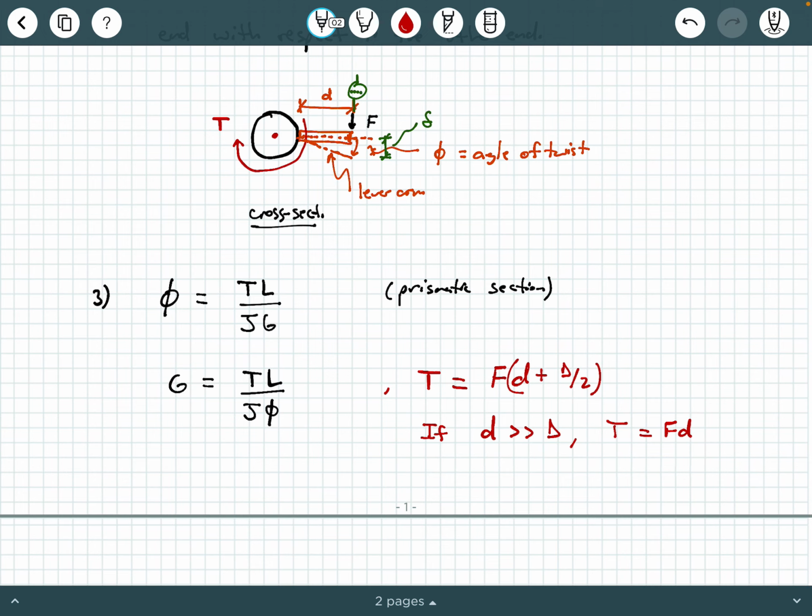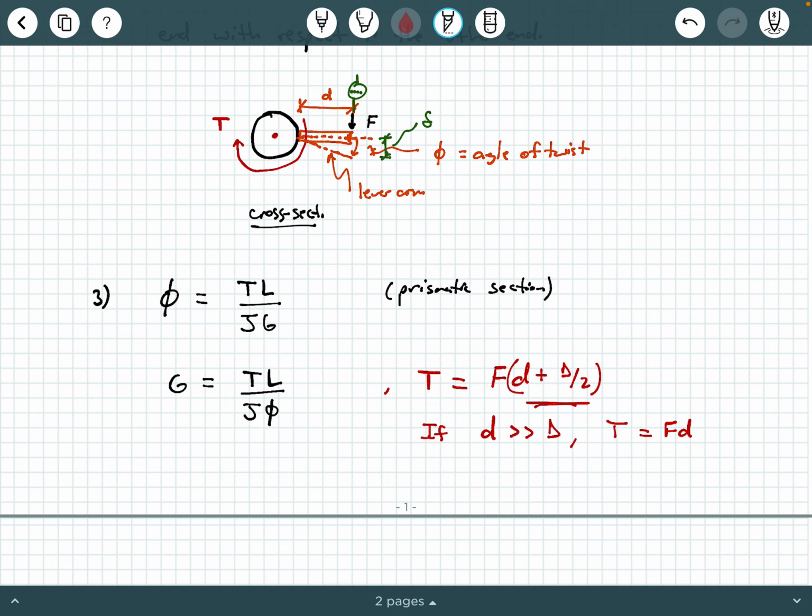If you have a wide cross section or a large diameter cross section and a small lever arm, then you're going to need to incorporate this little d plus the diameter of the specimen over 2. Otherwise, if your lever arm is much bigger than the diameter of your specimen, you can just say that the torque developed is equal to force times the lever arm little d.